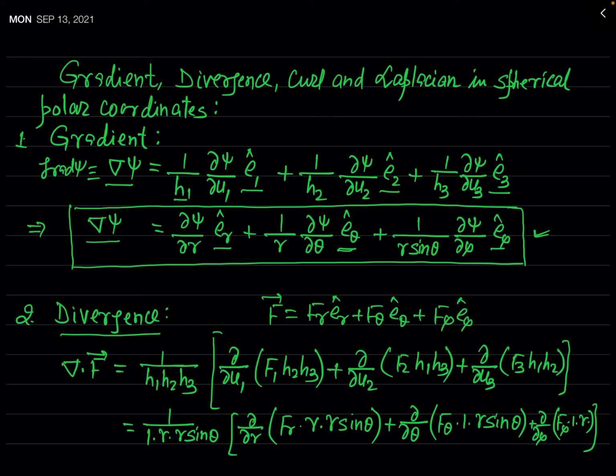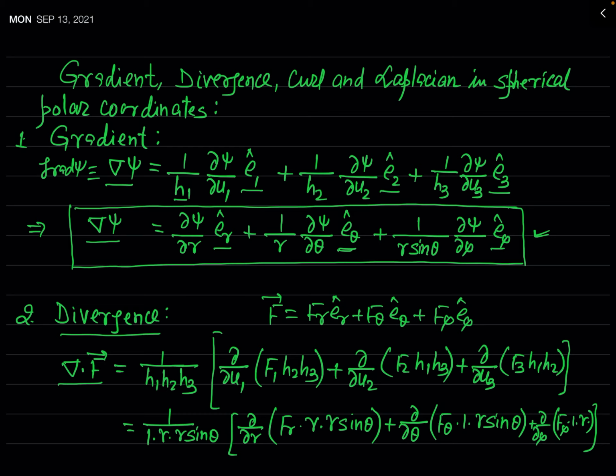To know the expression for divergence of f, that is del dot f, I have again mentioned the general expression which we have obtained earlier. So you know, in the general orthogonal curvilinear coordinate system, divergence of a vector field f is defined like this: 1 over h1 h2 h3 times del del u1 of f1 h2 h3 plus del del u2 of f2 h1 h3 plus del del u3 of f3 h1 h2.